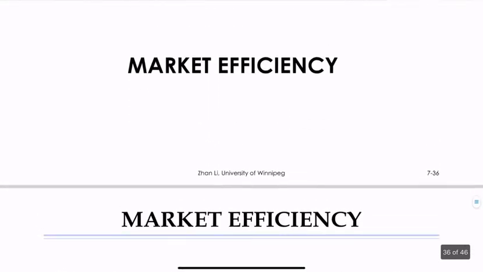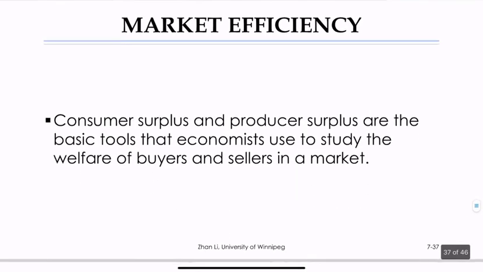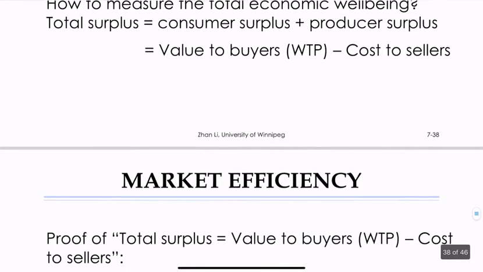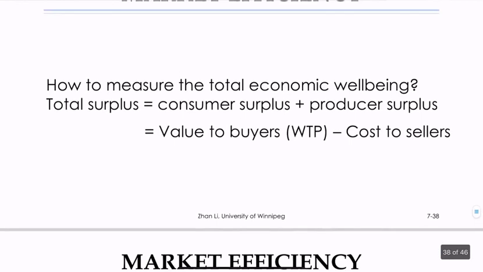Now we could formally talk about market efficiency. What's the definition of market efficiency? Market efficiency is essentially the sum of consumer surplus and producer surplus, right? This is the very basic definition.